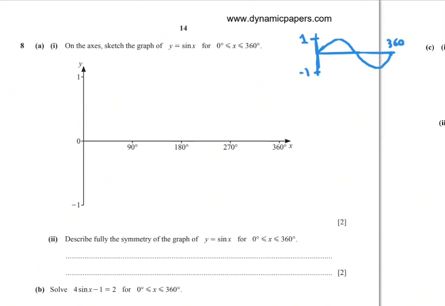So 0 and 0 is the first point, 90 and 1 the second point, 180 and 0, 270 and negative 1, 360 and 0. So join the points. This is the graph for sine.